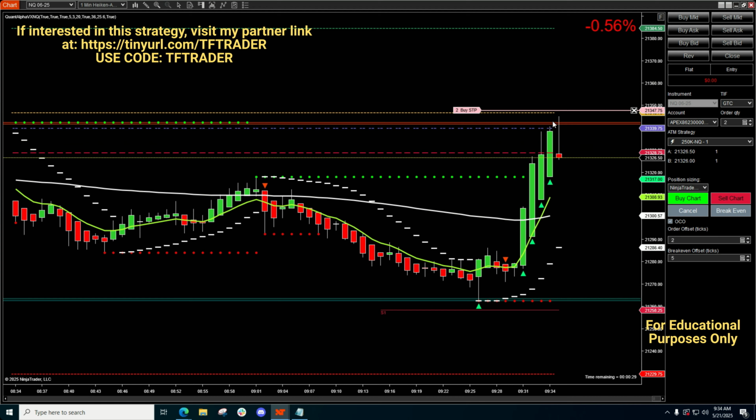So you see why we don't put the order right here, because we had this area of resistance and it went almost to the area and touched it and came back. So that's why the order goes above here for an S3.